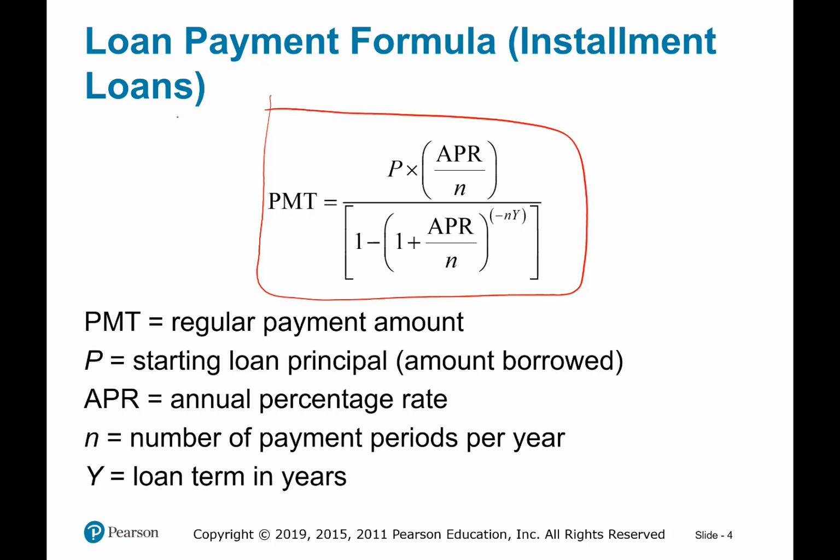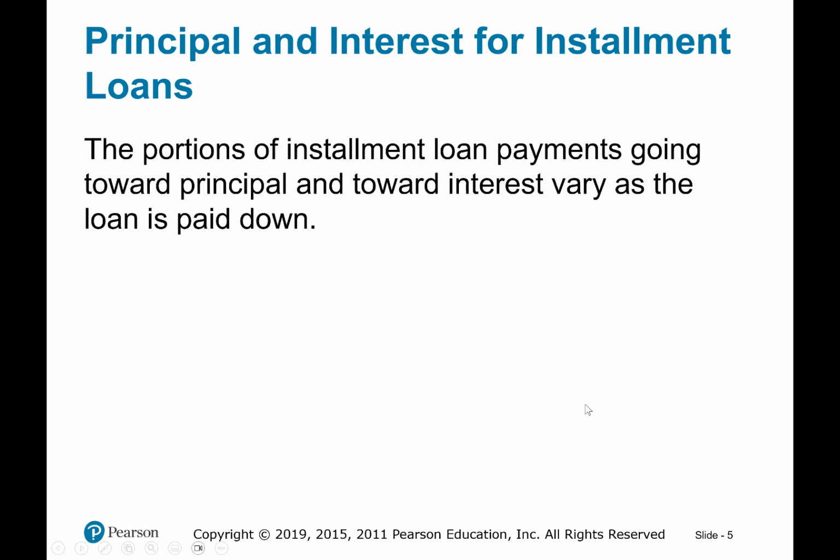Before, when we were talking about annuities, N was the number of deposits per year. Here, it's the number of payments per year, since we're paying off an installment loan. And Y is the loan term, how many years it will take to pay down the loan, or that you plan on paying it down.